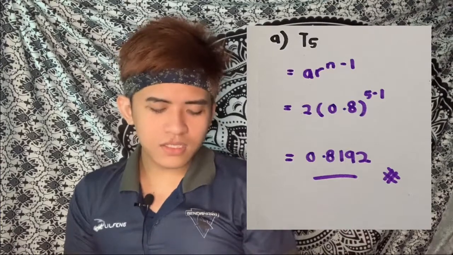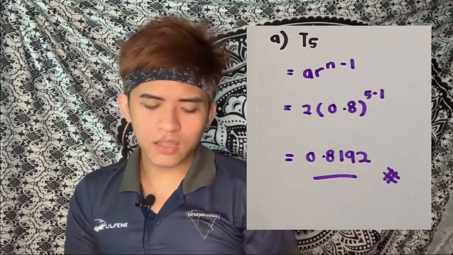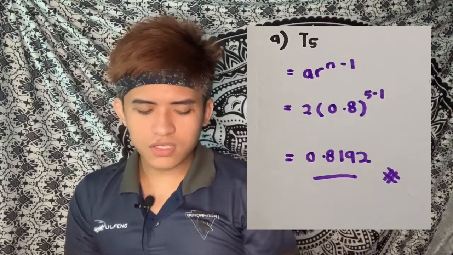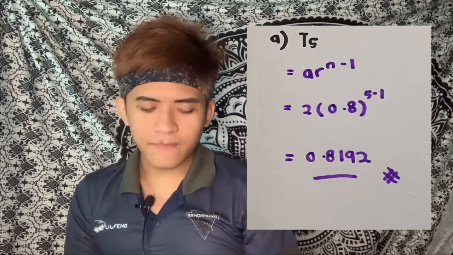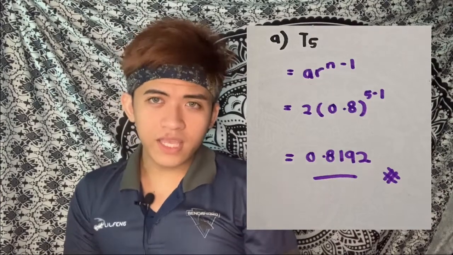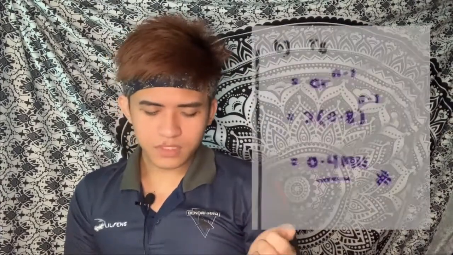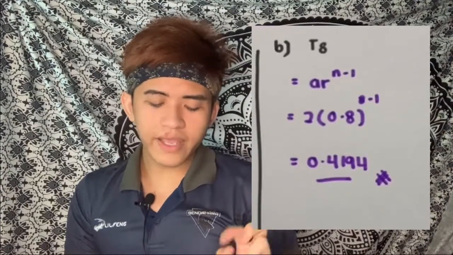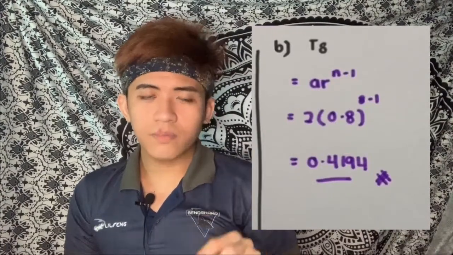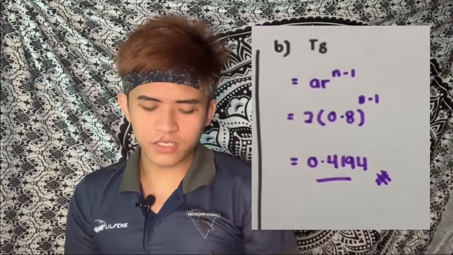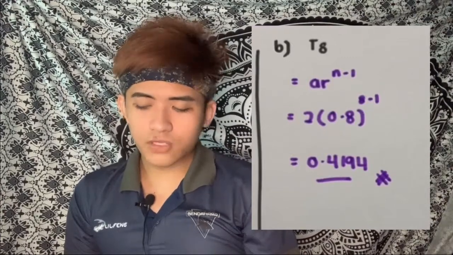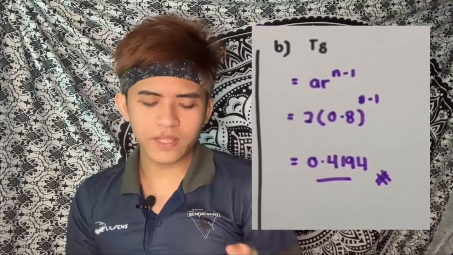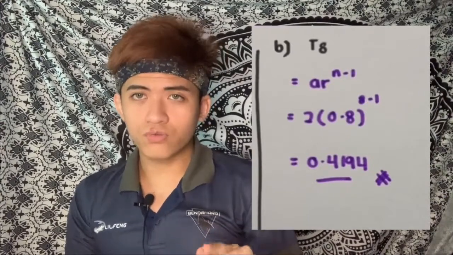The answer is 0.8192, so we can tell that she uses only 0.82 cups. As for B, T8, which is the 2nd month, she starts using 2 times 0.8 to the power of 7, because 8 minus 1. The amount of sugar that she used is 0.4194, or better known as 0.42 cups.